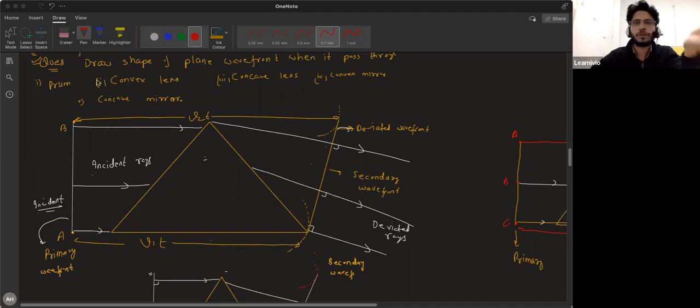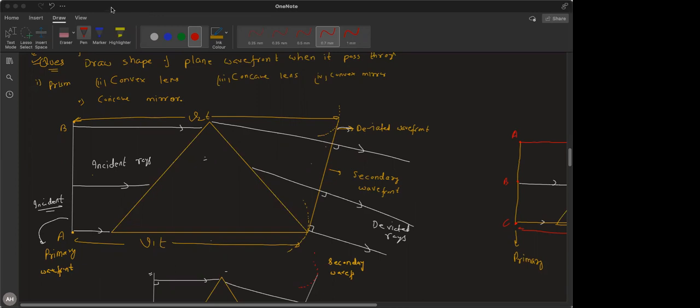Tell me once you have written, then we'll do it for convex lens, then concave lens, and finally. Yes, Ishma, have you written it? No, sir. Anshika, doubts in it?